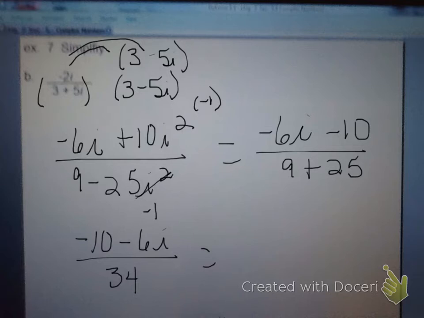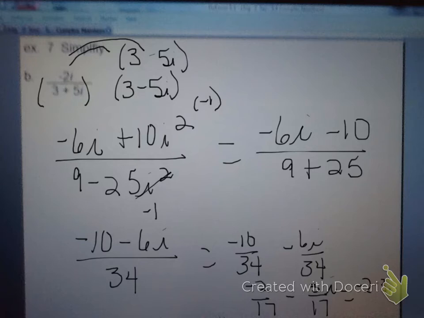Then I'm going to simplify it by putting each over its own fraction. So that's negative 10 over 34 minus 6i over 34. And I'm going to reduce that to negative 5 over 17 and a negative 3i over 17. You can put it back all over 1, negative 5 minus 3i over 17.